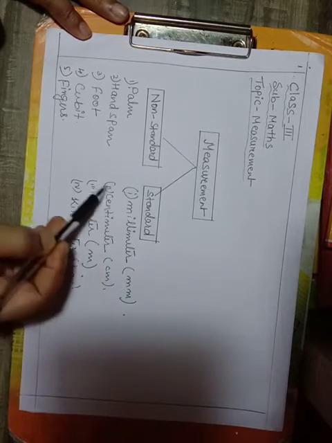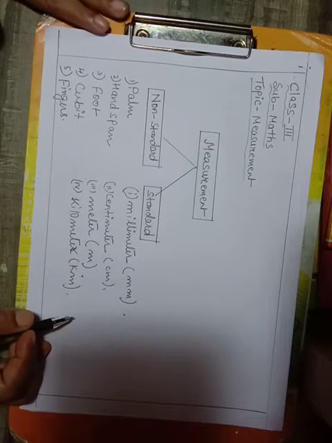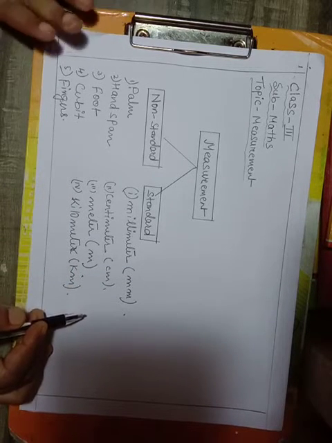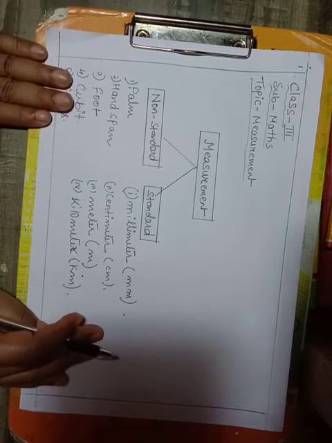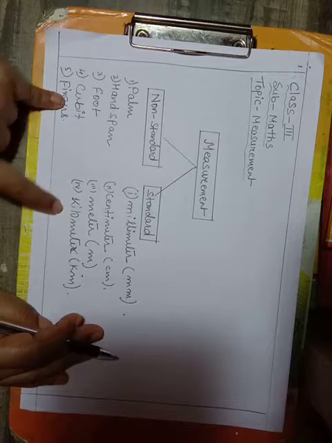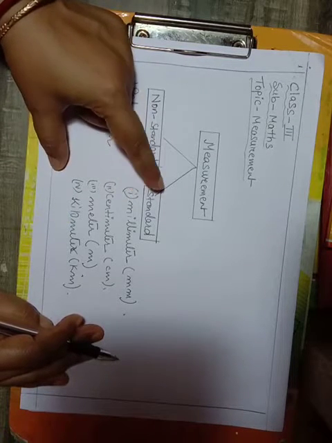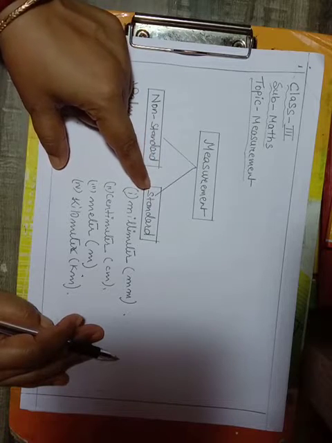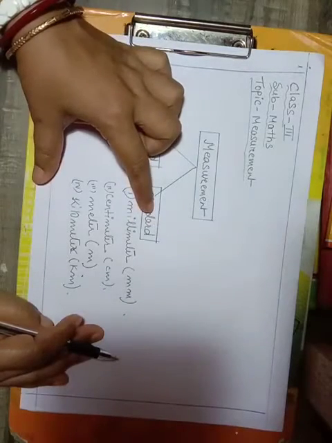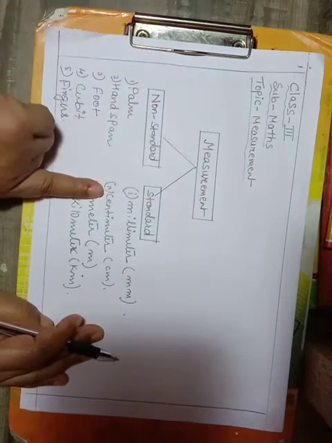These are some of the standard units of measurement. But to measure with standard units, we need something to measure with. Yes or no? So with what will we be measuring? We will be using a scale.